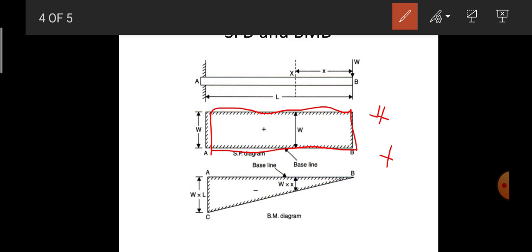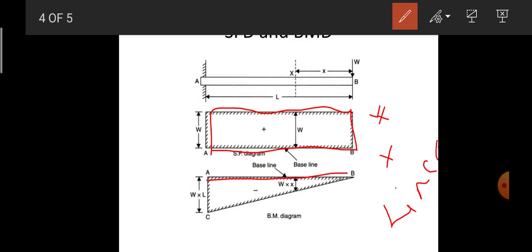Next, coming on to the bending moment diagram. First draw the baseline. When a beam is subjected to a concentrated load, the bending moment variation is linear. The positive values are plotted above the baseline, negative values are plotted below the baseline.